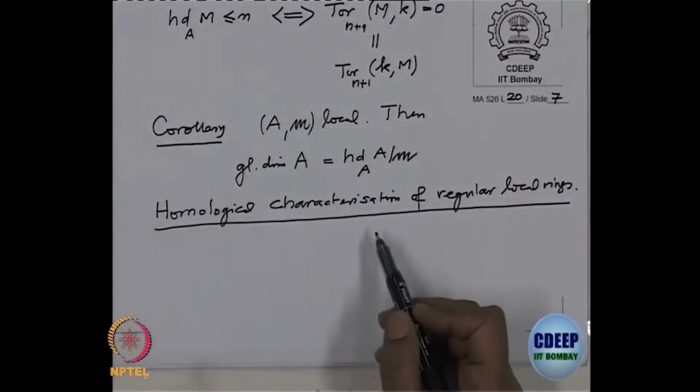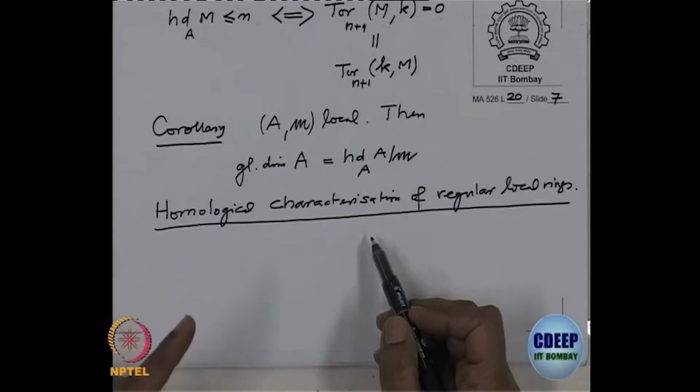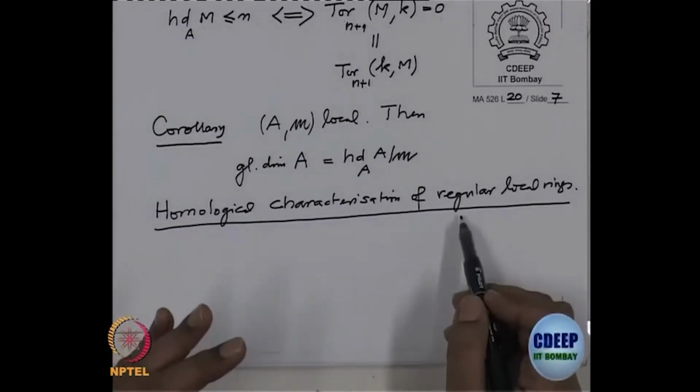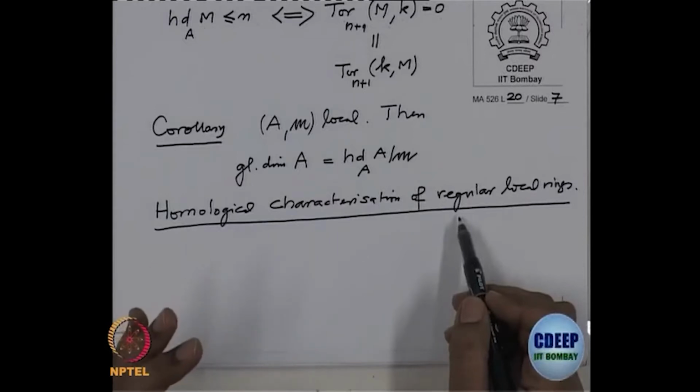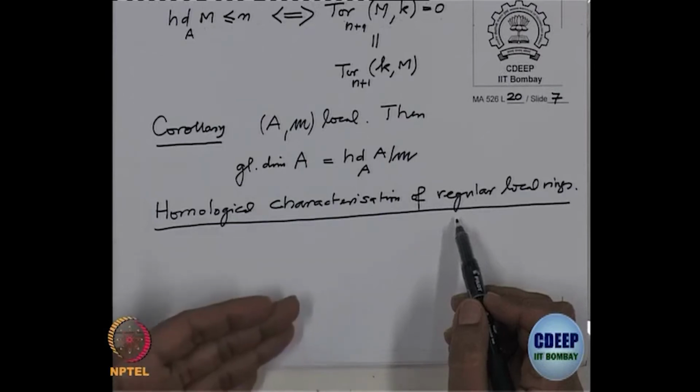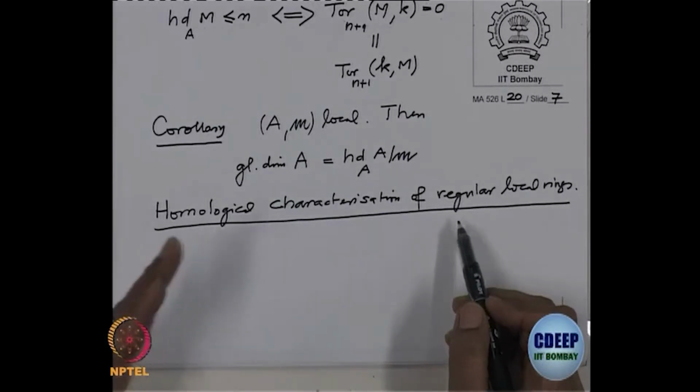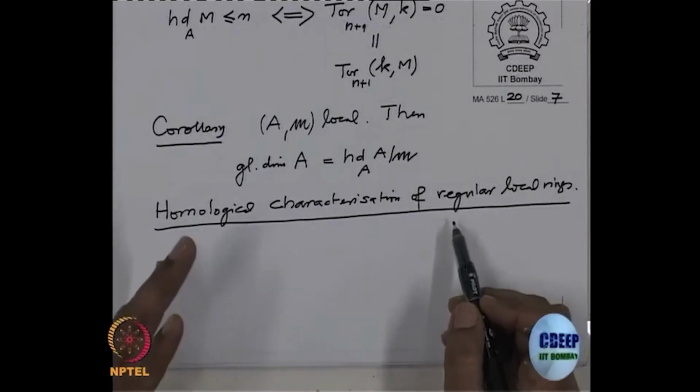Remember earlier we had two characterizations of regular local rings. One of them is that the associated graded ring is a polynomial algebra. This is a very important characterization because it says that the tangent cone is the affine space. And the second one was the Jacobian criterion. We defined the Jacobian matrix using the presentation, and we proved it only for affine algebras.